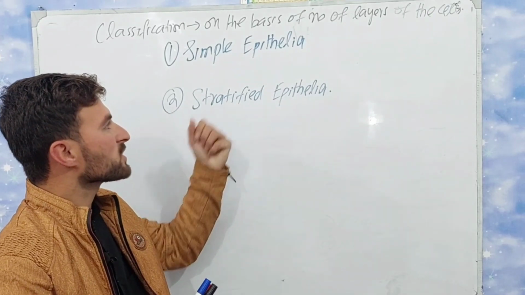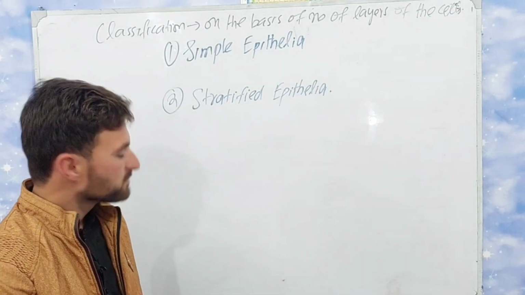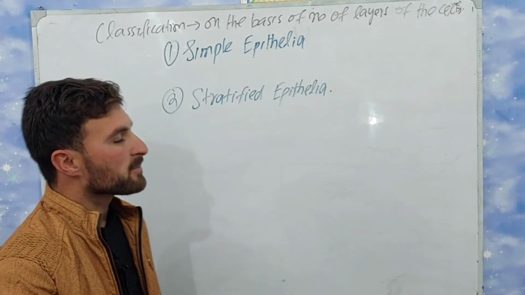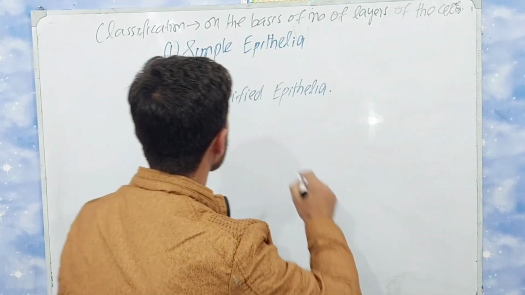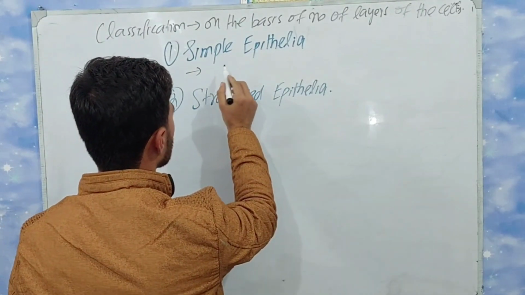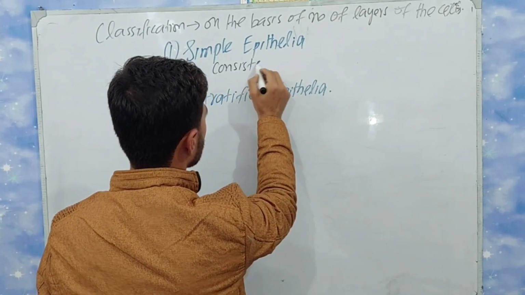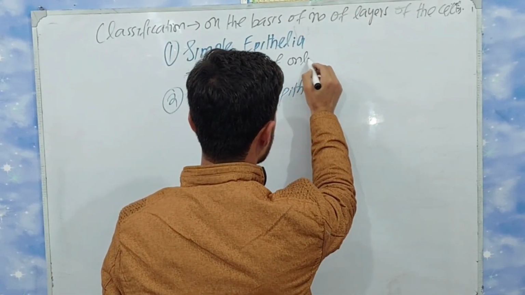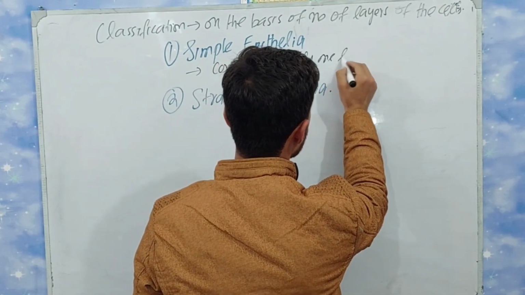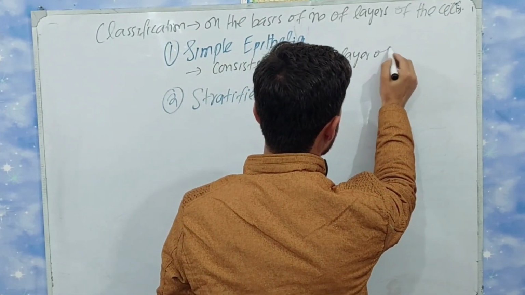Now let's discuss both of them individually. What is the simple epithelia? Simple epithelia are those which consist of only one layer of the cell.